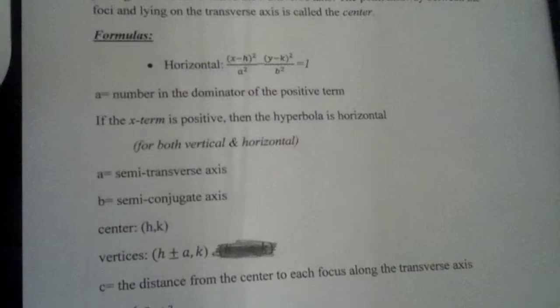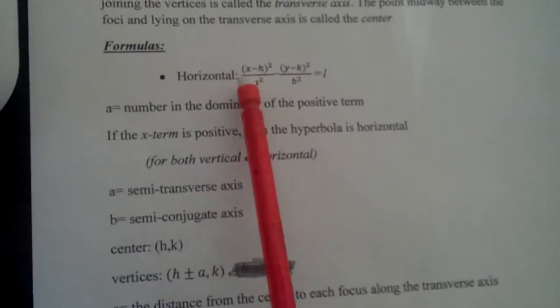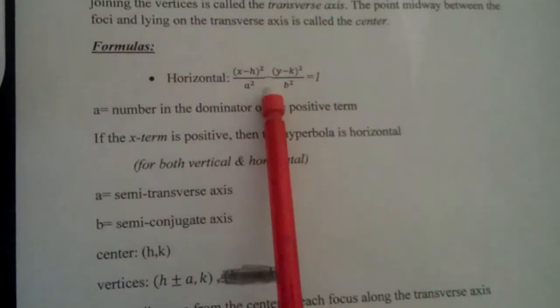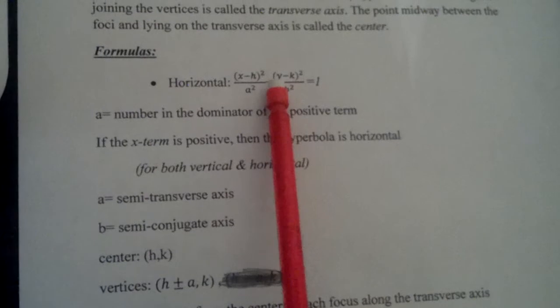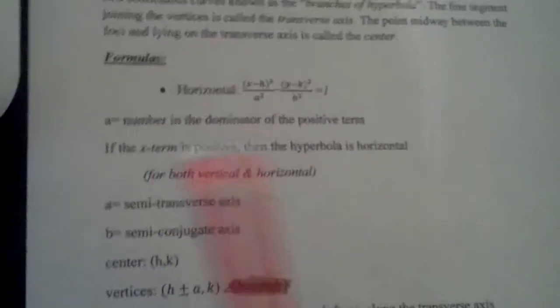Over here we have the formulas for a hyperbola whose transverse axis is horizontal. The formula is the quantity x minus h squared over a squared minus the quantity y minus k squared over b squared equals 1.